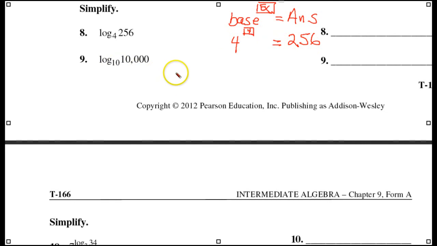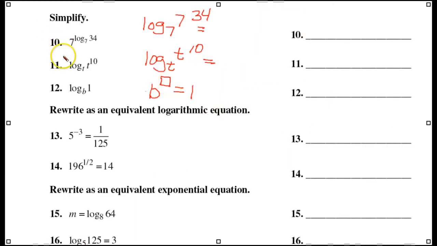Now let's do this one. 10 to what power is 10,000? Well, again, this is to the 4th power. 10 to the 4th power is 10,000. 10 and 11 are very similar, and 10 can be written in this form.